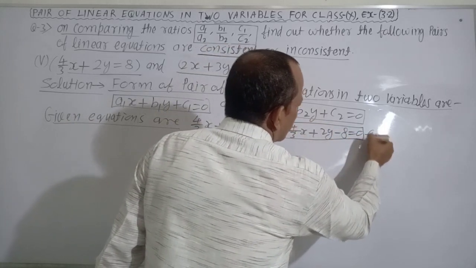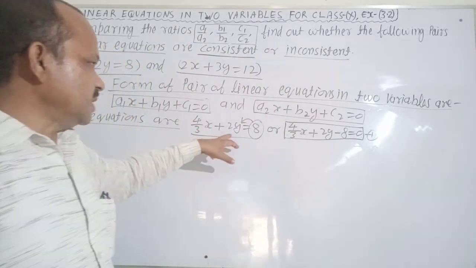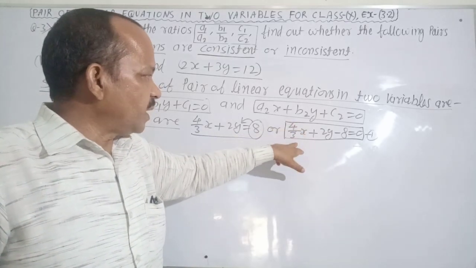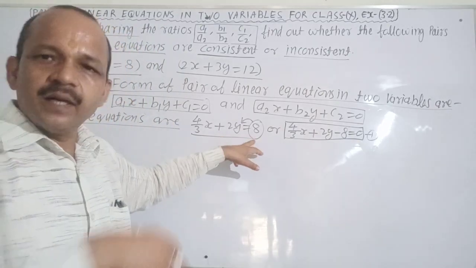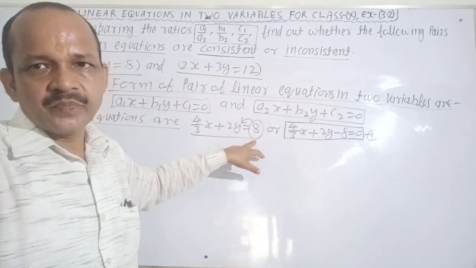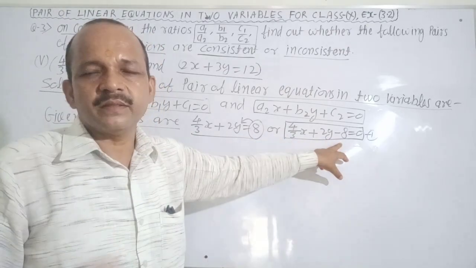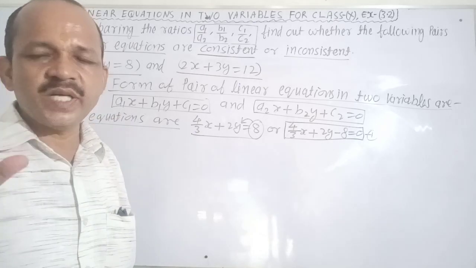It is the first equation. Here 8 is on the right side of equal. You write it on the left side of equal, it becomes minus 8. It is equation first. It is clear? No confusion about it?